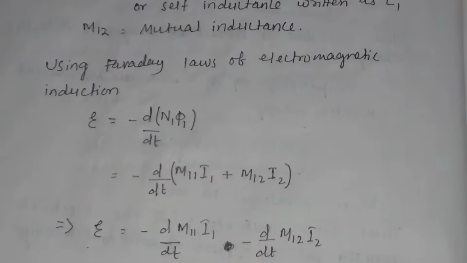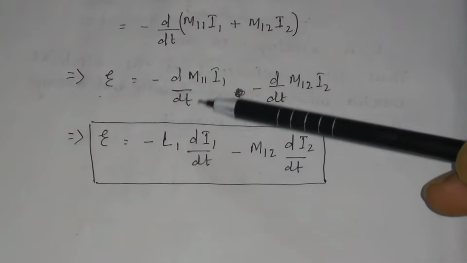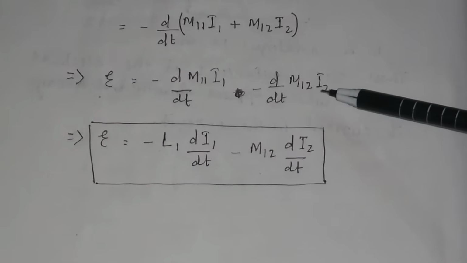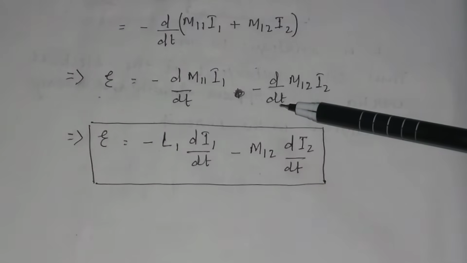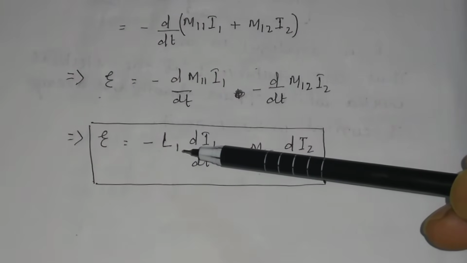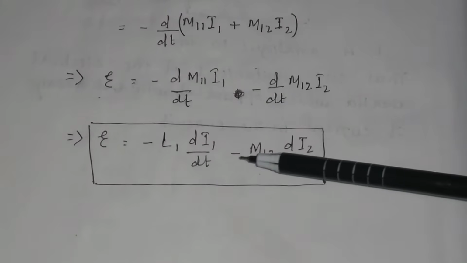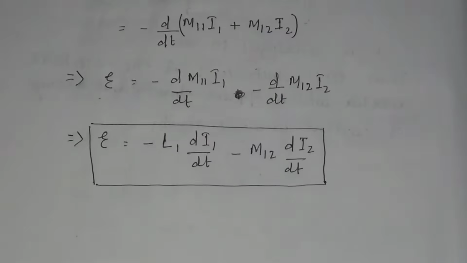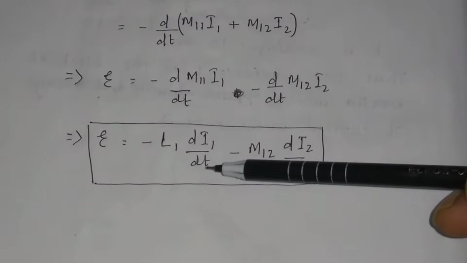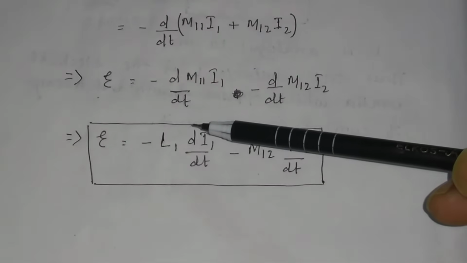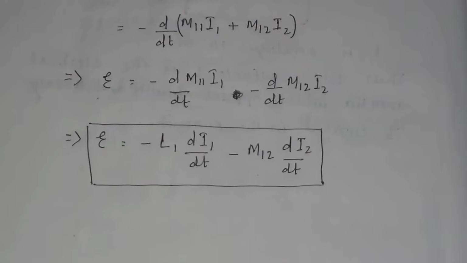So E will be equal to minus the derivative of M11 I1 with respect to t, and minus the derivative of M12 I2 with respect to t, and here M11 will be equal to L1. So E equals minus L1 di1/dt minus M12 di2/dt. This expression gives the induced EMF when current flows simultaneously in two nearby coils.